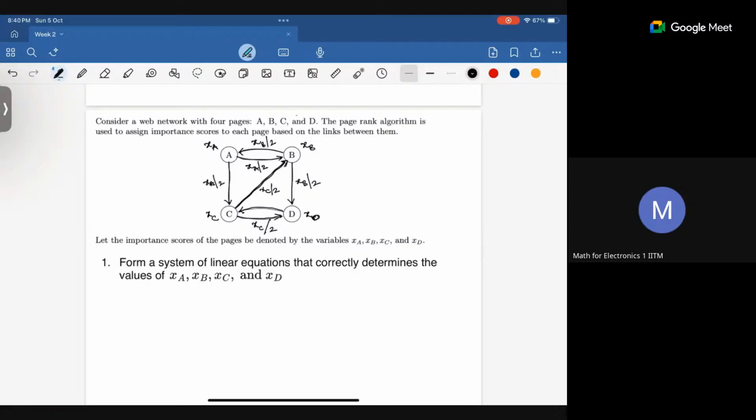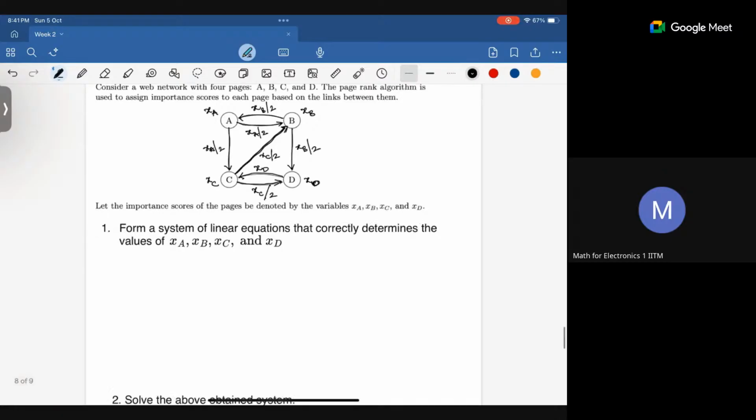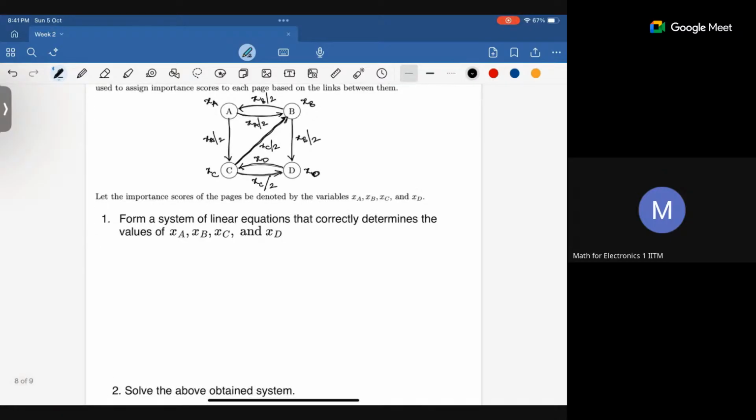All the importance that D has is about C. So this is XD. Now, XA by 2 and XD combined will give us the importance of C.